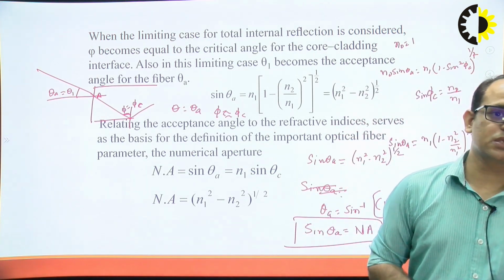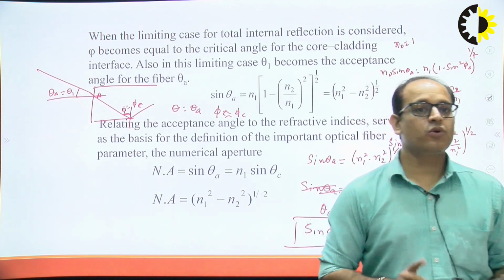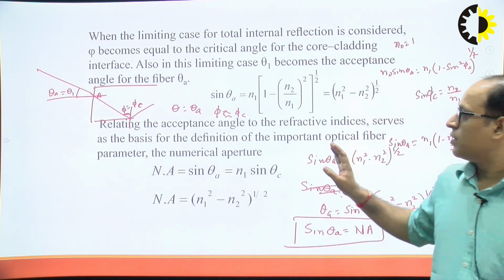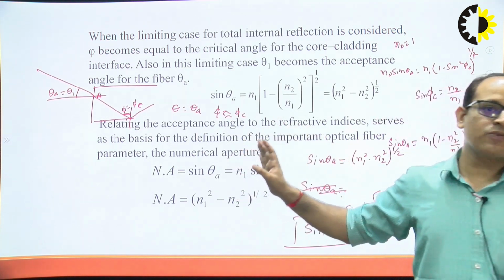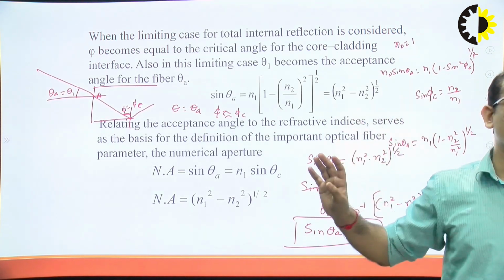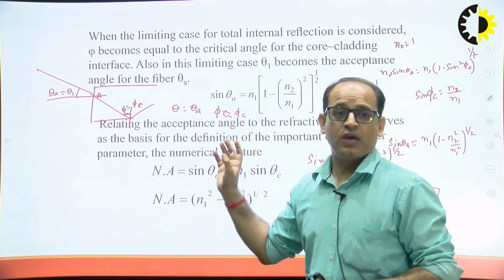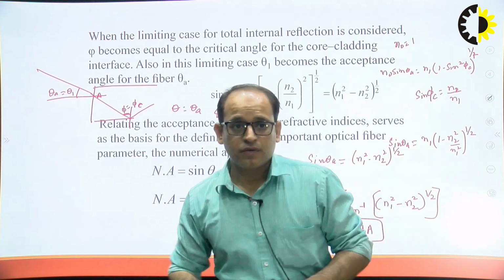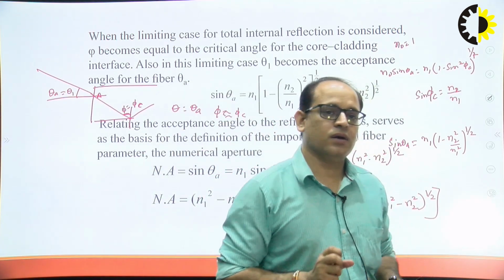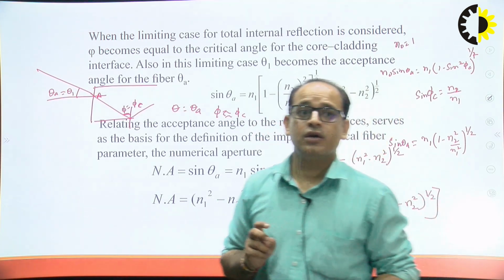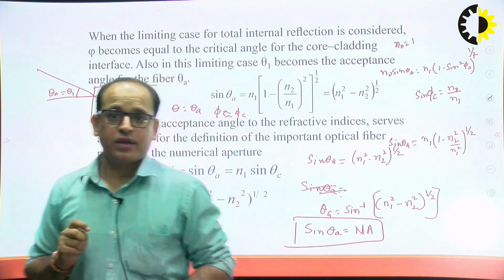Means for the same distance transmission, skew rays will take more time as compared to the meridional rays, and the meridional rays will always utilize the full area of the optical fiber core with full efficiency. Clear?